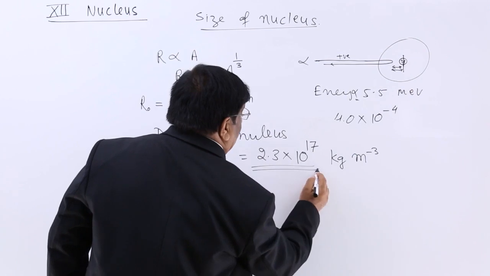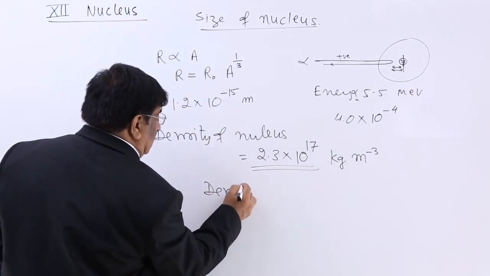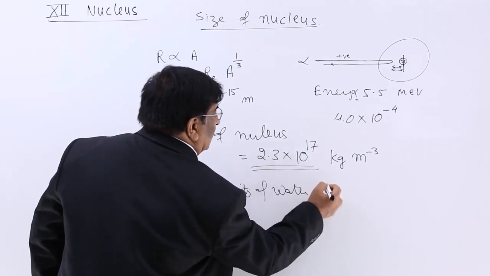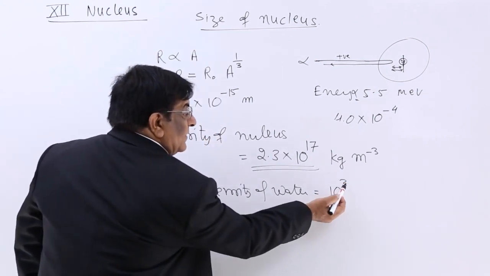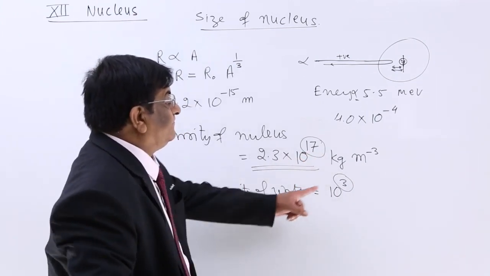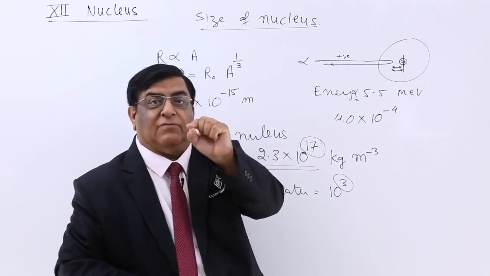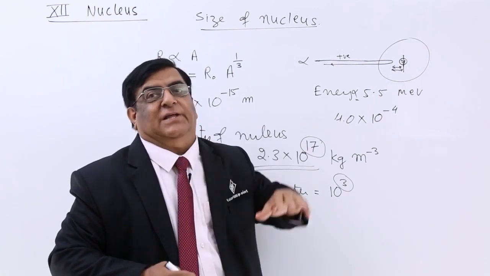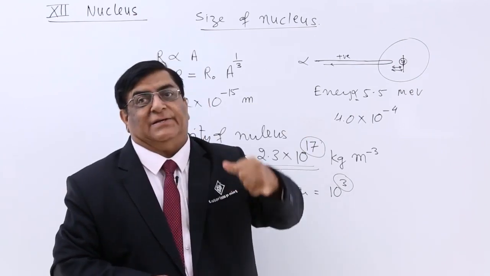This is a very high density. The density of water is 10 to the power 3. See, power 3, and this, power 17. So heavy is the density of the nucleus. Even the head of a pin would be heavier than 10,000 elephants. It is such a dense material.